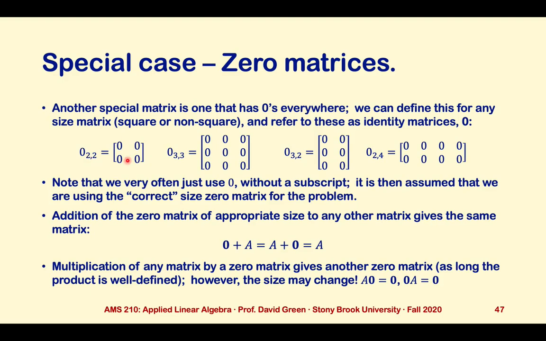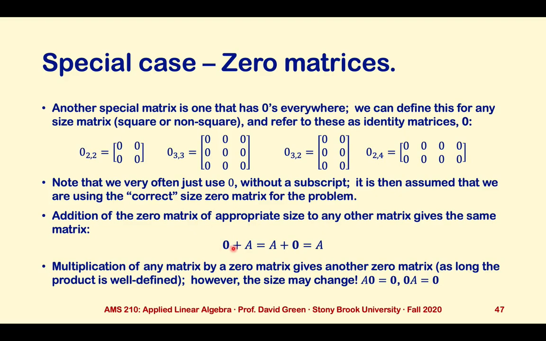Again, we can use subscripts to specify which zero matrix we're talking about, a 2 by 2, a 3 by 3, a 3 by 2, a 2 by 4, and so on. But again, we very often just use 0, where we assume that the right size is well defined by the problem.